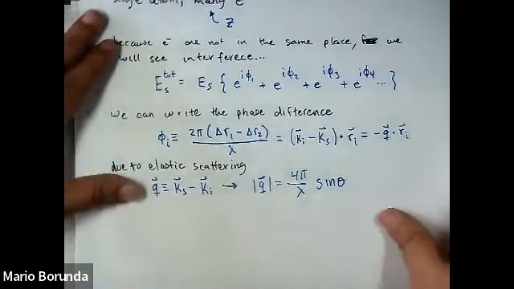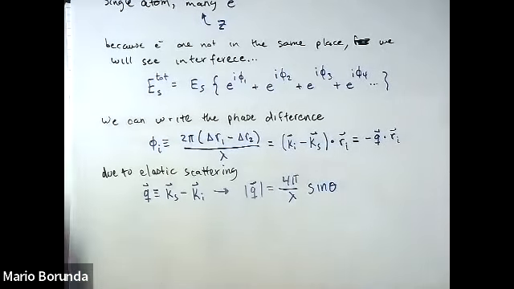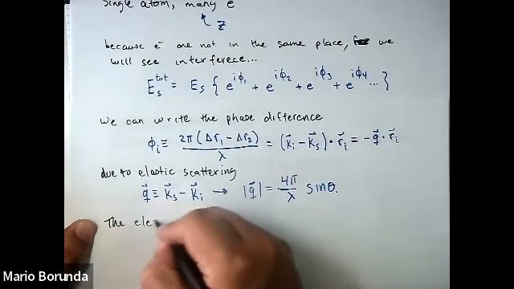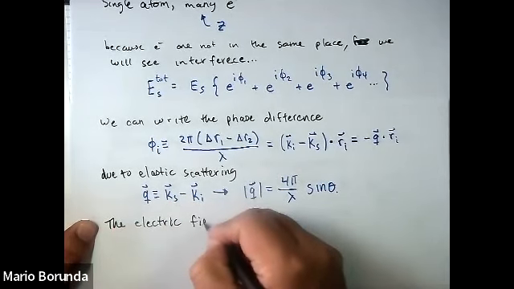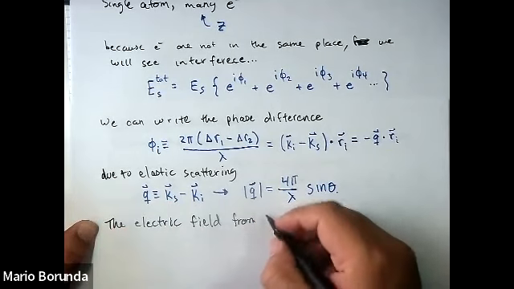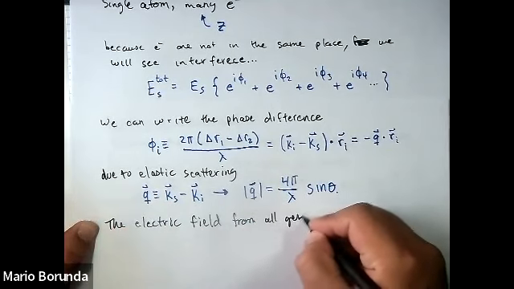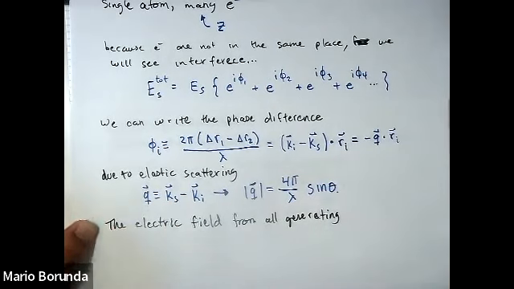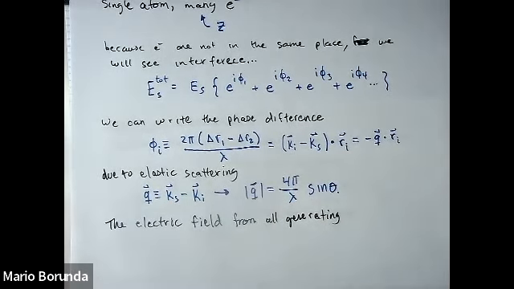And we have the phase factors now here, as you can see. And now, if we want the electric field from all the electrons, all of the electrons are generating this scattered electric field, but then it has to get added together, like this expression says here.